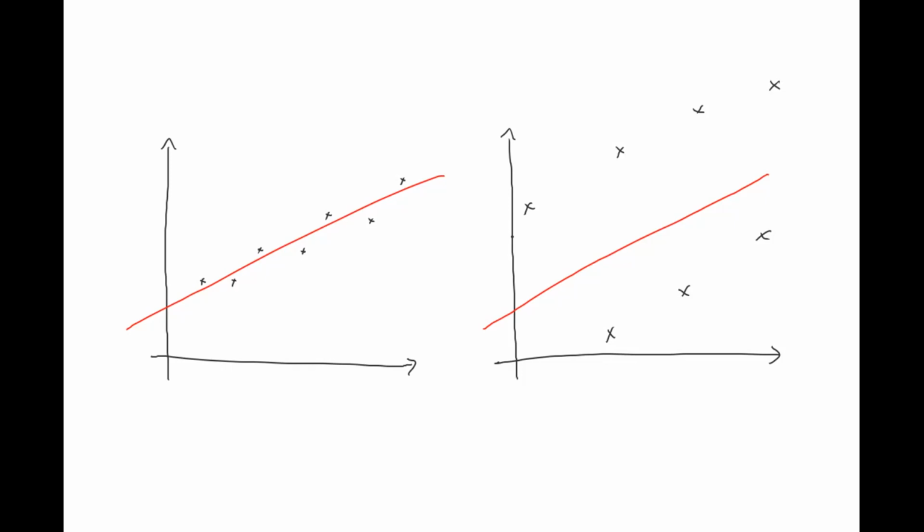If I were to run a regression on both sets of points, you would end up generating the exact same line. But there's something different about these, right?